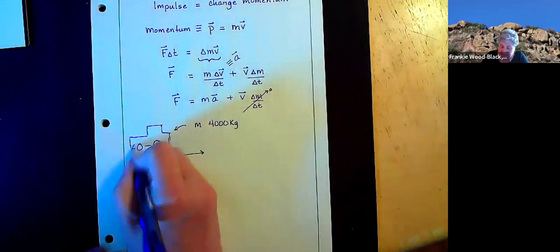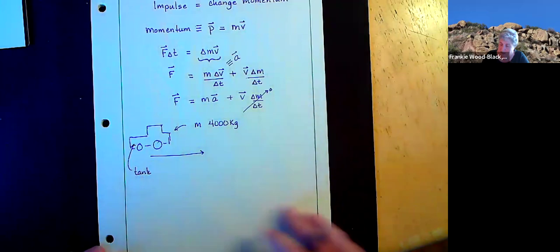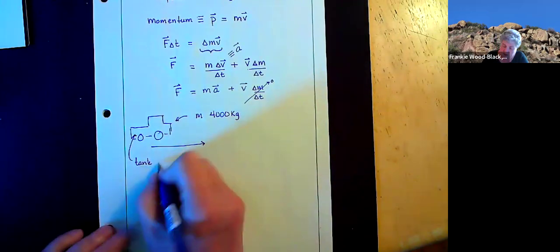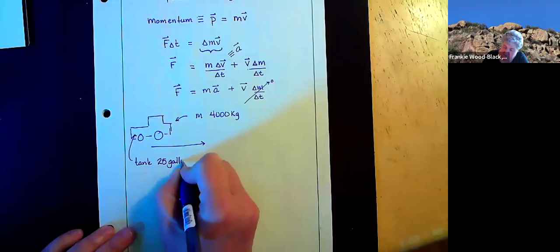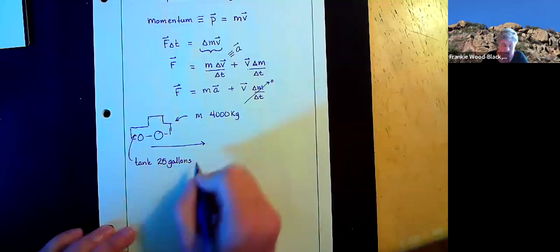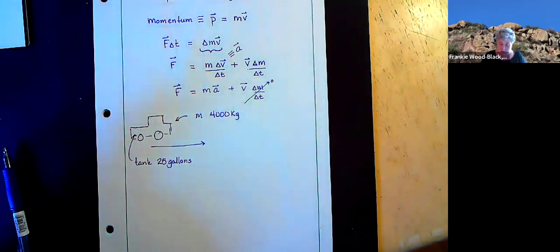And I've got a gas tank or a diesel tank in my truck, and my diesel tank is, let's say, 25 gallons. And look it up, it's like 6.6 pounds per gallon, and it's 2.2 pounds per kilogram.